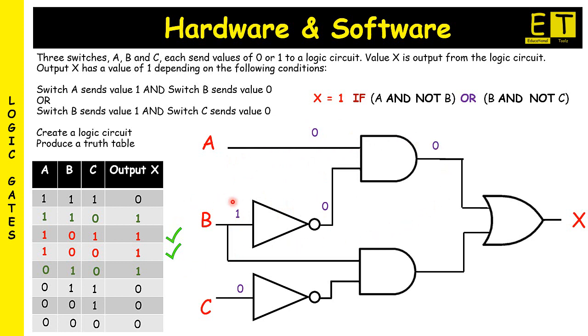For the second part of our logic circuit, for B, we have 1 going into an AND gate with the C input as 0, which will return a 1. So 2 1s will return a 1 in an AND gate, and either of the values or both need to be 1 in order for output X to be 1. So we have also met our third statement.